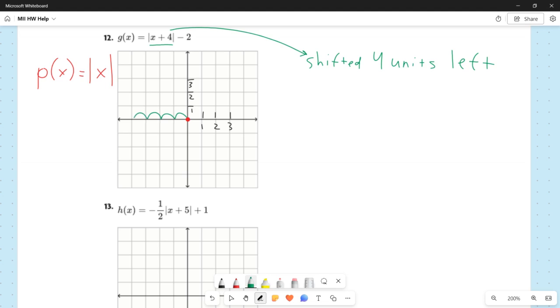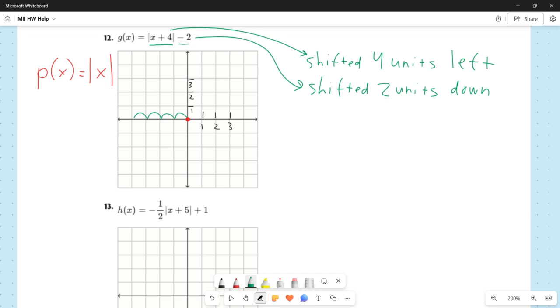And then the other piece here is the minus 2. The minus 2 tells us this is a vertical shift, so it's going to be either up or down. And because it's minus 2, that means it's going to be shifted 2 units down. With a vertical shift, if the number is negative, you go down.